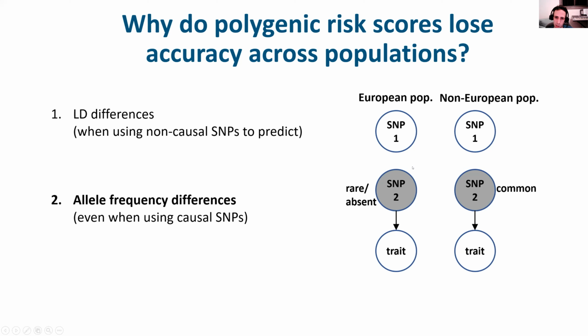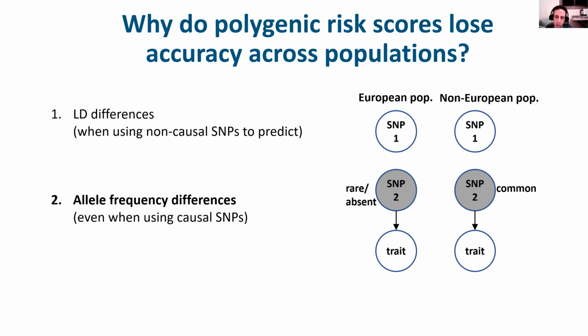So in this case, what would happen is that when we train a PRS model using a European training set, the PRS model just wouldn't be able to infer that SNP2 is actually relevant for the trait because it just can't see it, right, if it's absent. And then what would happen is that we won't be able to use it when we apply the predictions to the other population, even though in principle we could have used it.